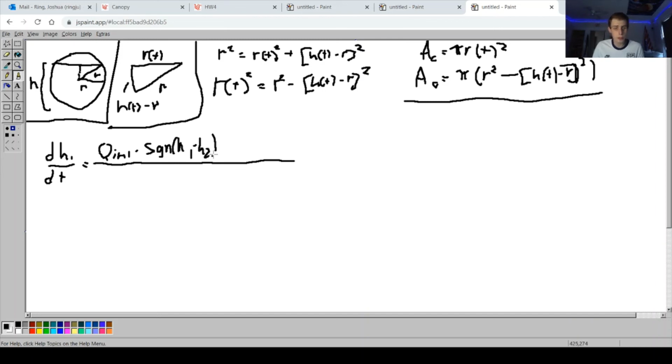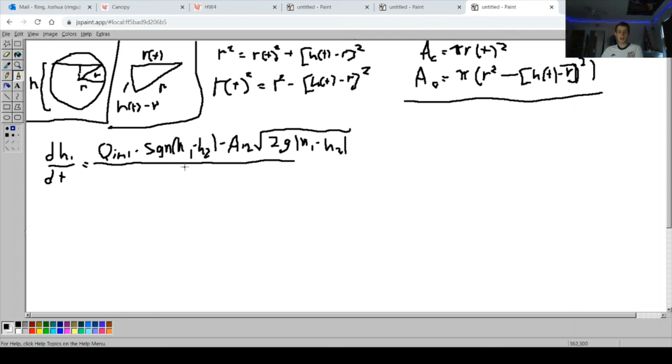And then remember, this is being subtracted from the outlet, and that is being multiplied by 2g(h1 minus h2).